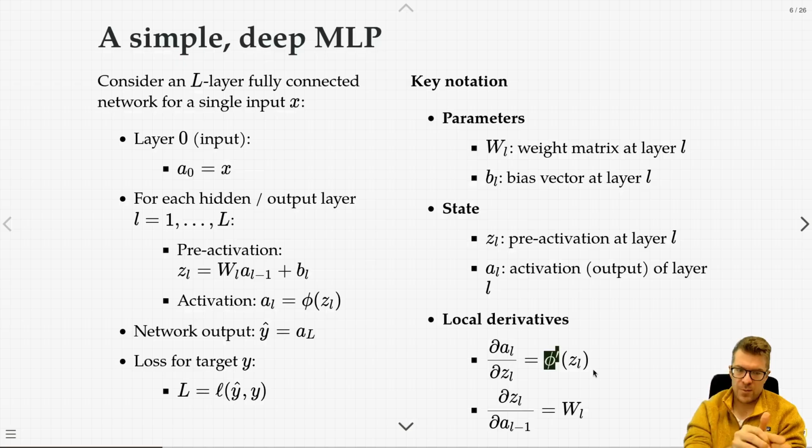That's just the sigmoid function times 1 minus the sigmoid function. Different nonlinear functions will have different local derivatives, as represented by phi prime. And then what is the derivative of this linear component, the pre-activation Z sub l, with regard to its inputs, the activations from the previous layer? This will be from the weight matrix W sub l.